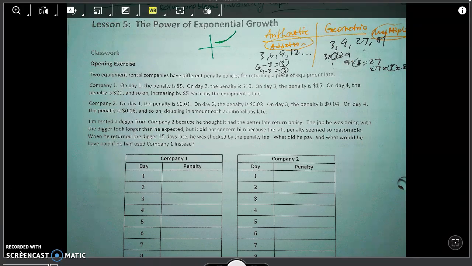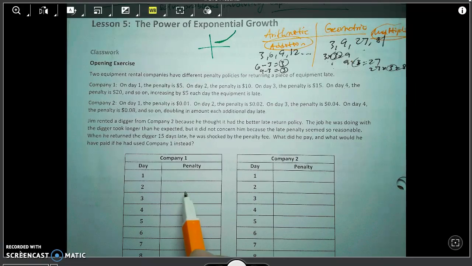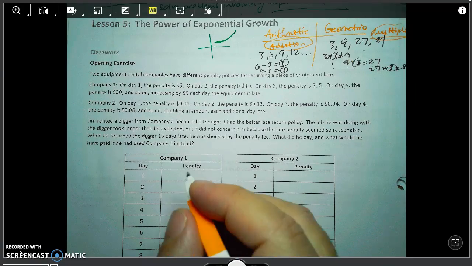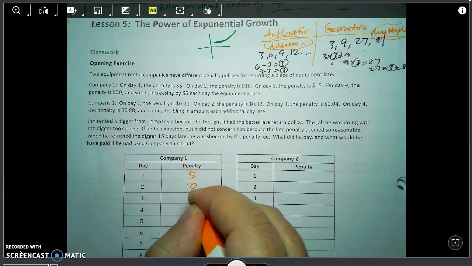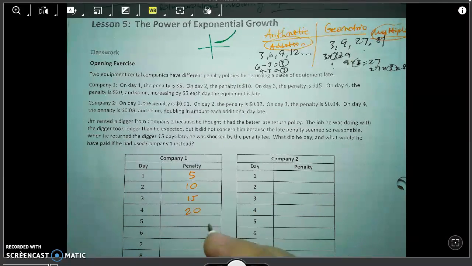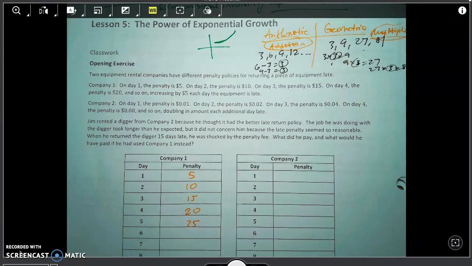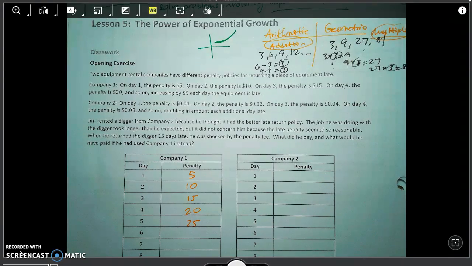So if we were to fill out the chart, we will write 5, then 10, 15, 20, 25 on day 5. I want you to keep going and fill this out.